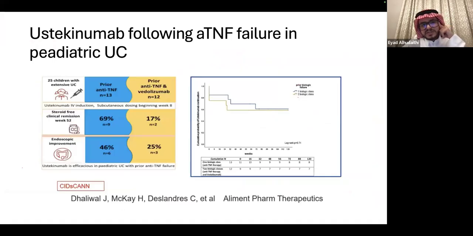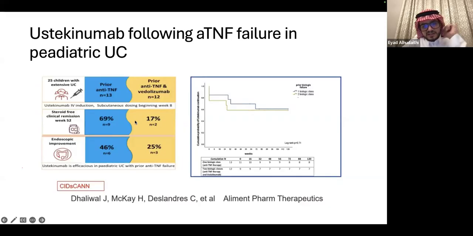So to continue, why ustekinumab following anti-TNF failure in pediatric UC? If you can see here, with no prior anti-TNF, the steroid-free remission can reach up to 70%, while with prior anti-TNF failure and vedolizumab, it goes down to 17%.